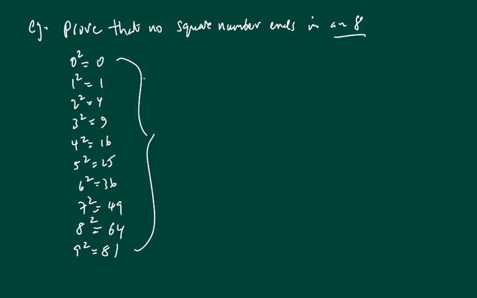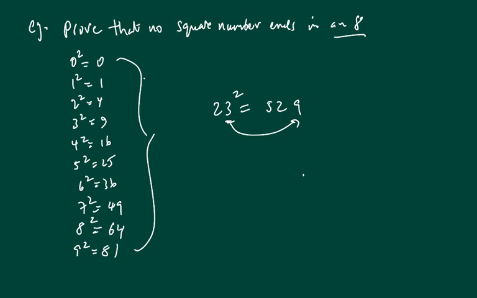Maybe I should just emphasize here that square numbers end in these particular digits: 0, 1, 4, 9, 16, 25, 36, 49, 64. So to give you an example, let's take this number 23. 23 squared gives us 529. Now this 3 here, when we square it, gives us this 9 over here.